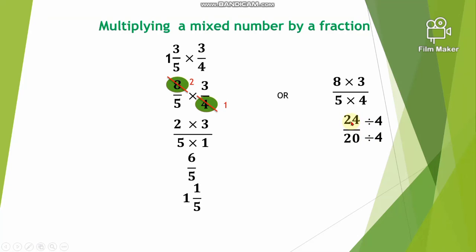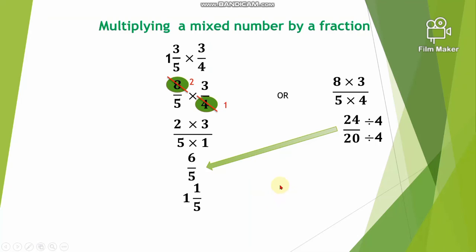The highest common factor of 24 and 20 is 4. If you divide both by 4, 24 divided by 4 is 6 and 20 divided by 4 is 5. Then again you end up with this answer. Then you can convert this improper fraction into a mixed number and keep the answer in this form.